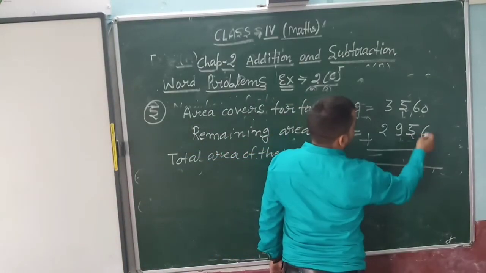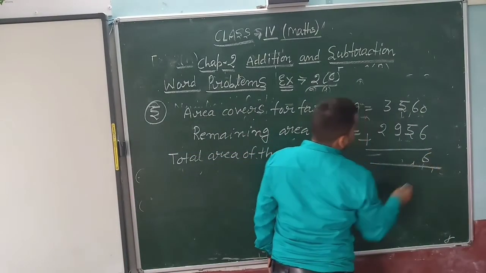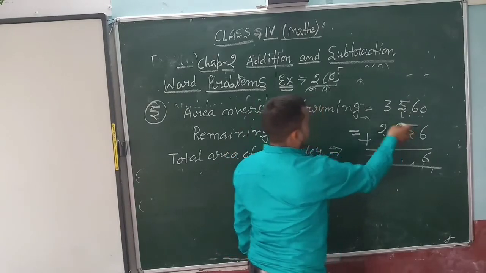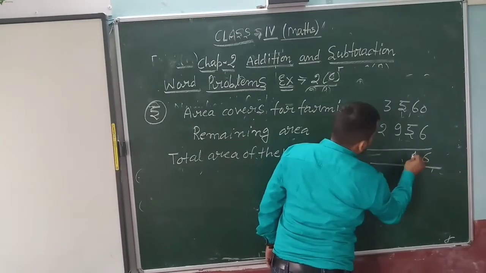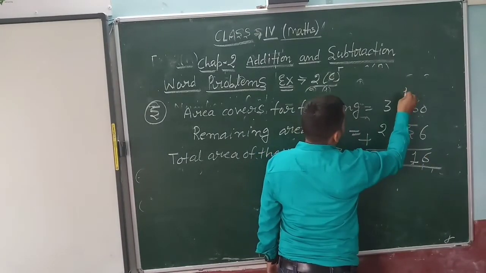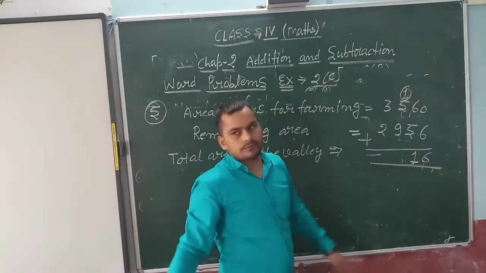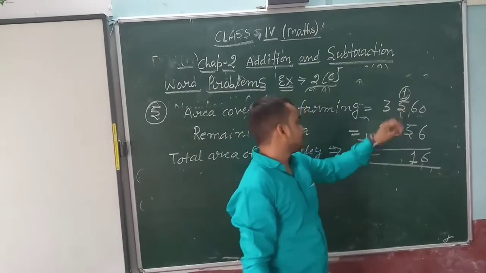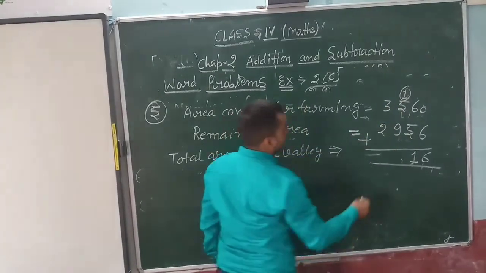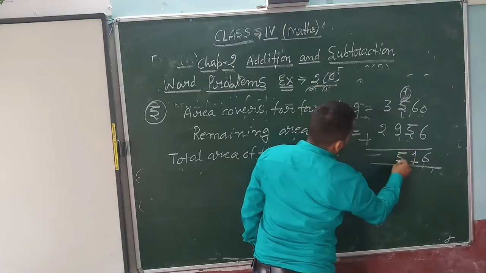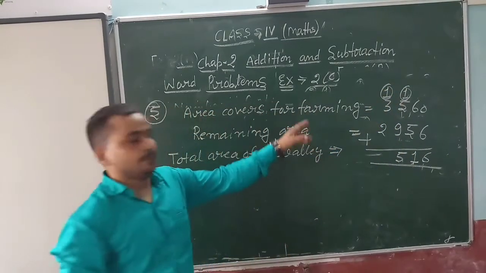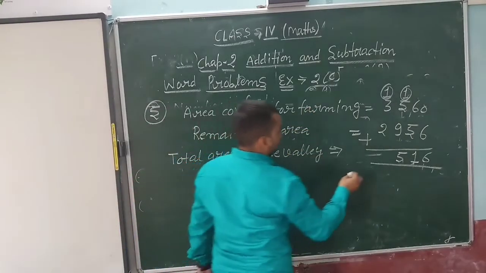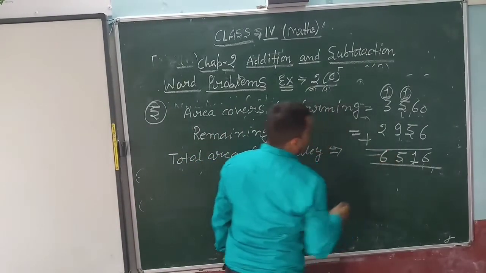So add 0 plus 6, so we get 6. 6 plus 5, we have 11, carry out 1. 5 plus 1, 6, and 6 plus 9, 15, carry out 1. 3 plus 1, 4, and 4 plus 2, 6.